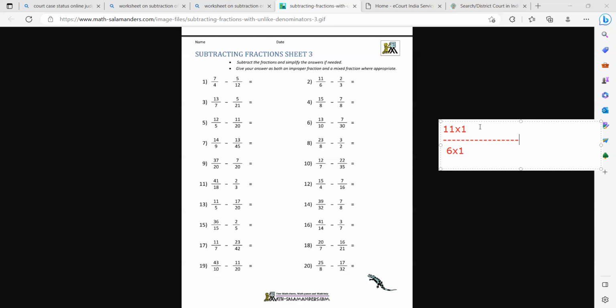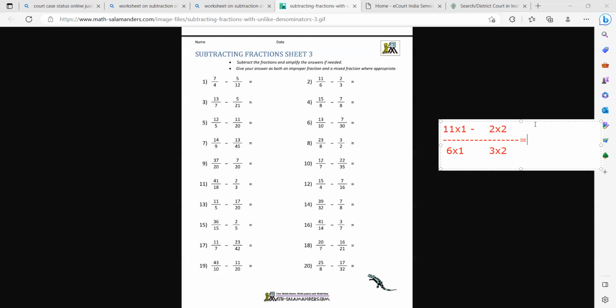And what else we have? We have 3. 3 into 2 is 6 and 2 into 2 is 4. So we need to multiply both the denominator and the numerator with the same number. In the last sum also we did the same thing. In this sum also we need to do the same thing.